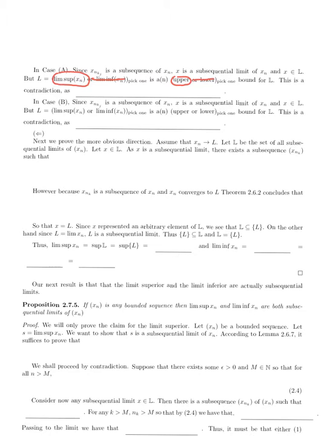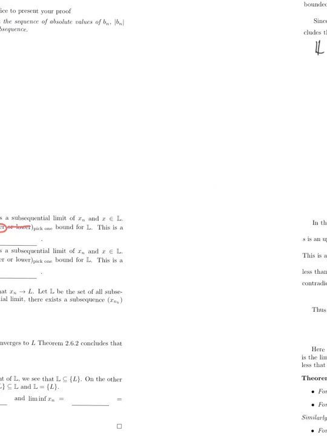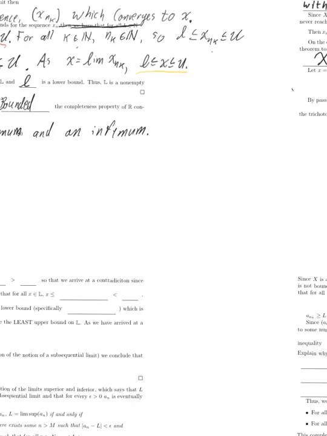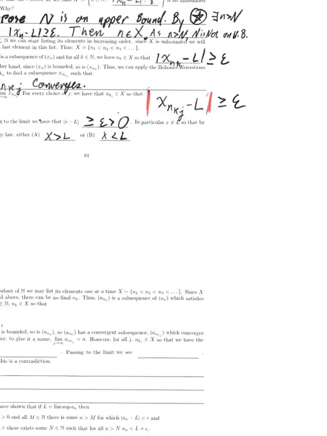But wait, I claim this is a contradiction. Why is this a contradiction? Well, x is greater than L. To be very confident, I'm going to go back to the previous page and make sure that case A is the case that I mean.